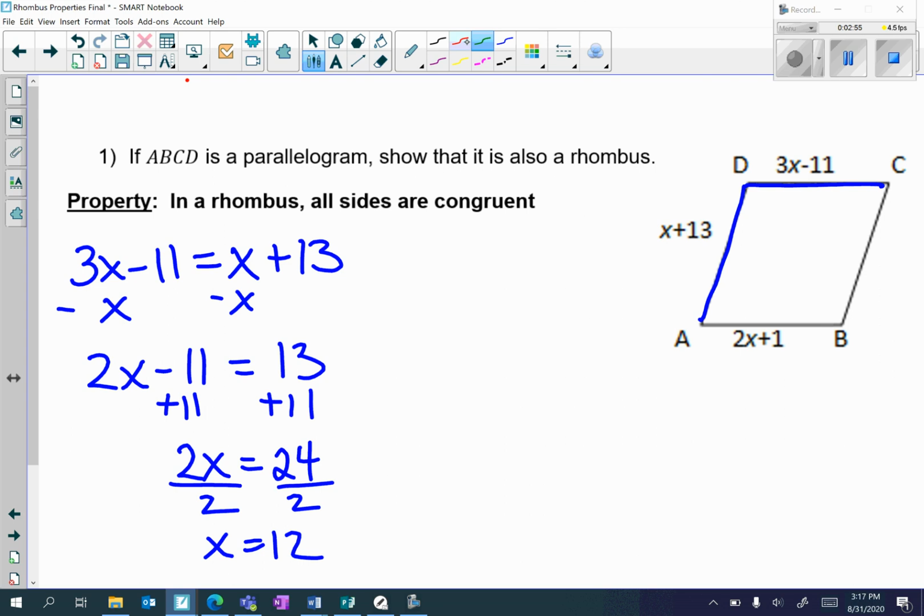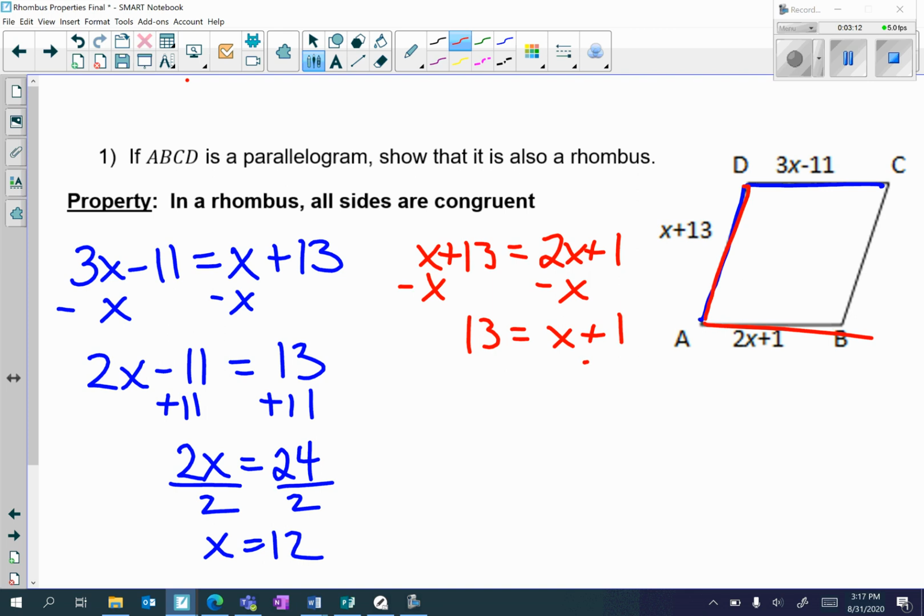Now, if we just want to verify that we did this correctly, I'll also take the x plus 13 and set it equal to 2x plus 1. X would be equal to 12 here as well.